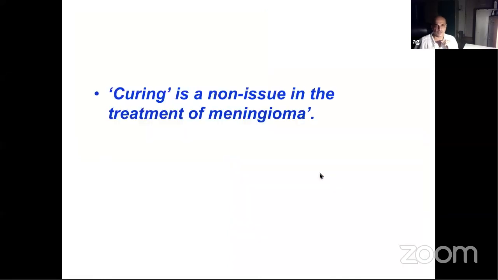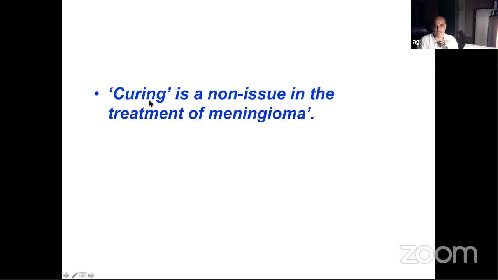So just to summarize, the strategy for treatment of meningioma is that curing is a non-issue. You cannot say I have removed it completely and I have cured the person. Curing is a non-issue in meningiomas. Once a meningioma, always a meningioma. You must remember, the most important thing is you must preserve all the function.